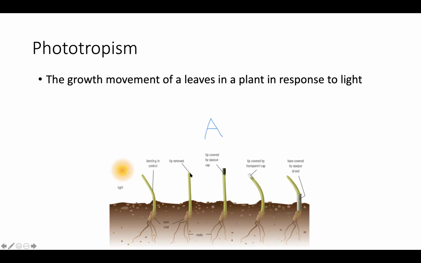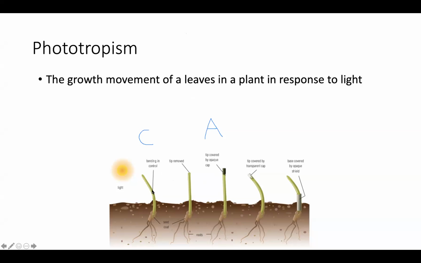Then, once they removed the cap, it was still going to be growing upwards, right? But in our control experiment, in our section C here, they just let it grow as normal. They didn't put a cap or anything like that.